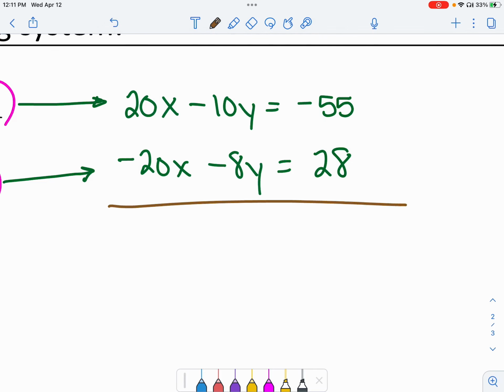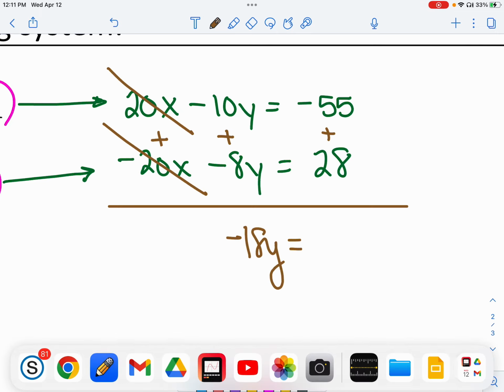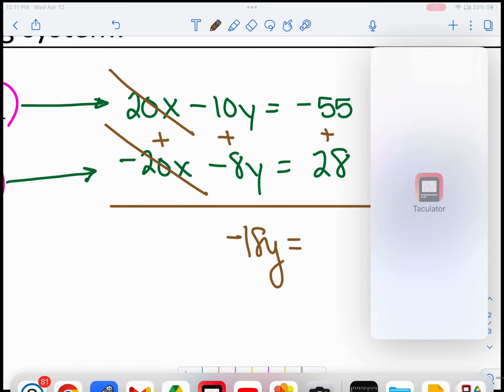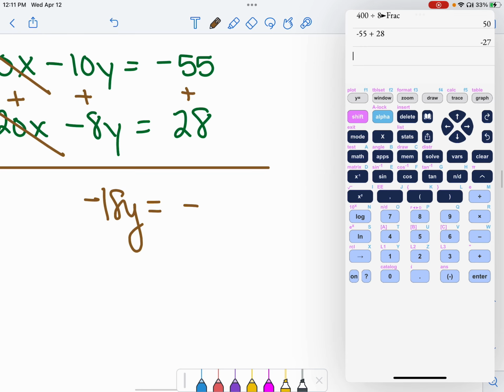Now for step 2, we combine or add straight down, okay? So the x's should cancel if we did it right. We get negative 18y when we put our y's together, and what is negative 55 plus 28? Okay, negative 27. I'll just keep that up there.